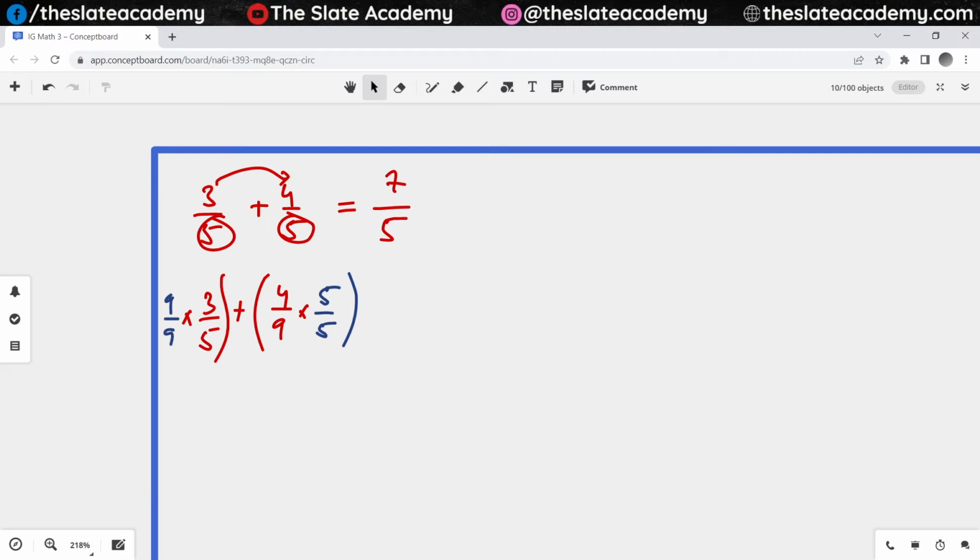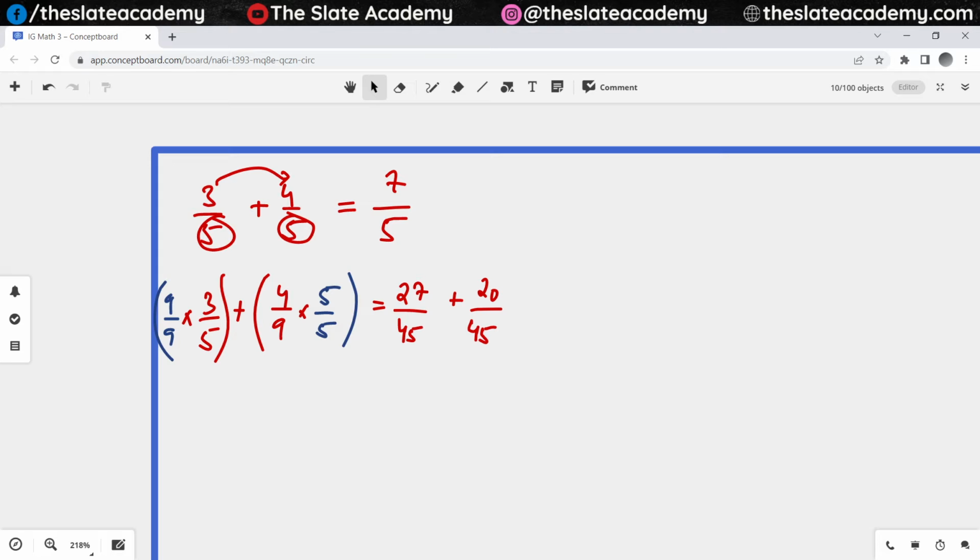That way both of them would have 45 in their denominator. So 9 3s are 27, so 27 by 45, plus 4 5s are 20, 20 by 45.